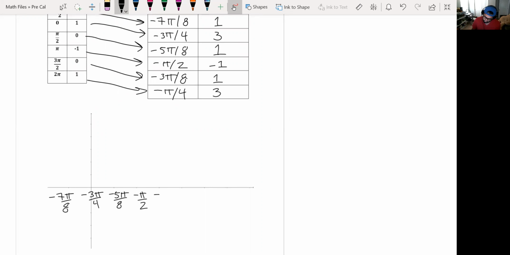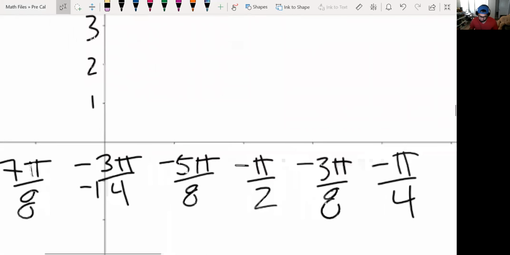Negative pi over 2. Negative 3 pi over 8. And negative pi over 4. Highest we go is 3. 1, 2, 3. Lowest we go is negative 1. Which is right there. Okay. Let me make that prettier.